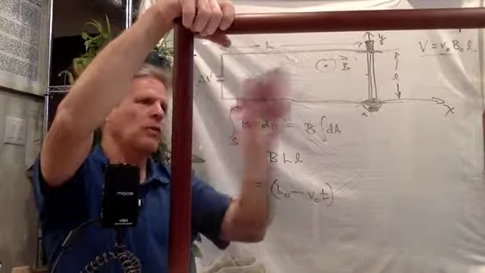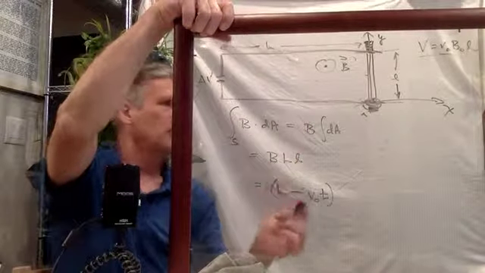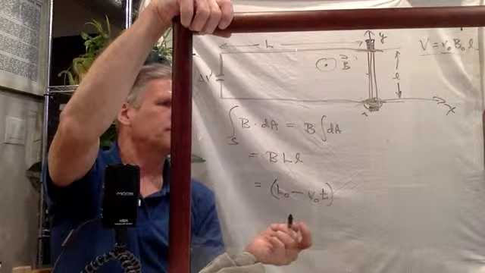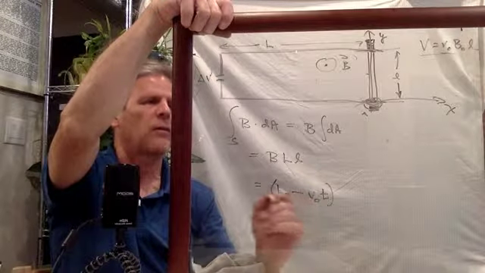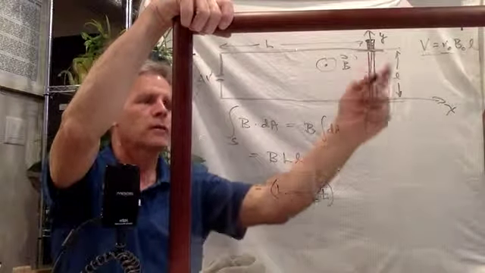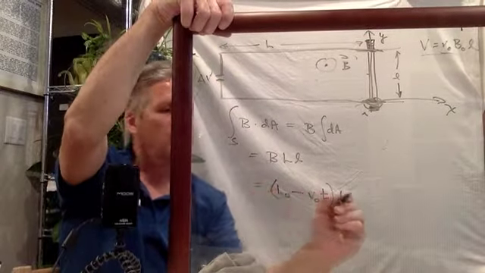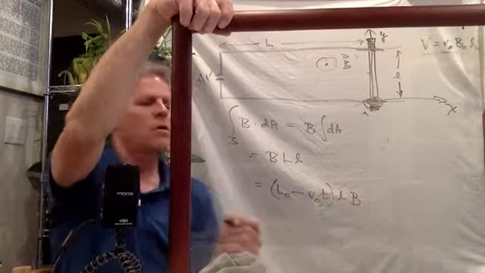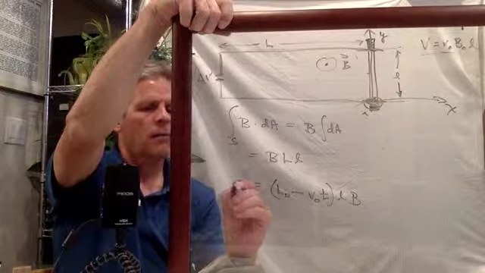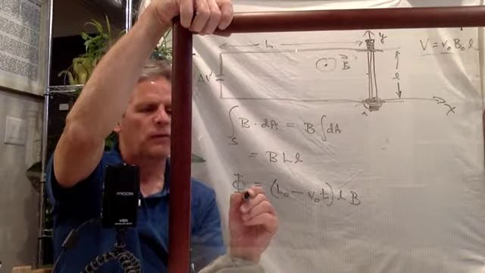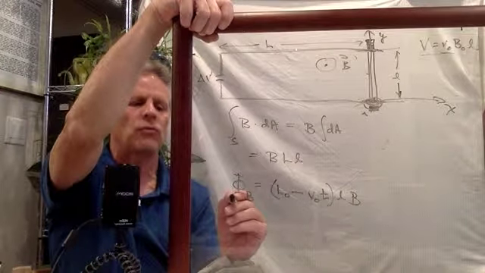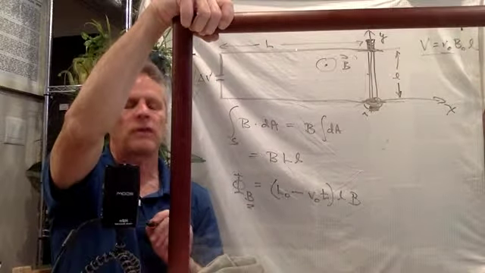So as that area is decreasing, this is the amount that this length is decreasing. This other length, the width, is not decreasing, and B is constant. So that is our magnetic flux. And I'm going to use the same notation we used before, except there's a B here instead of an E.